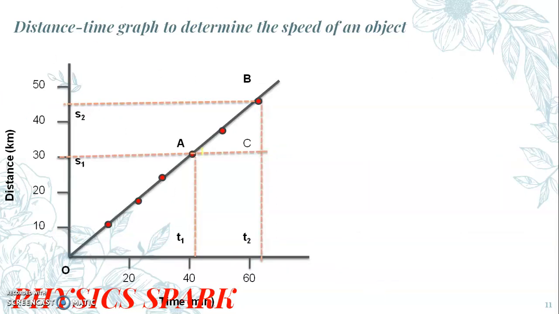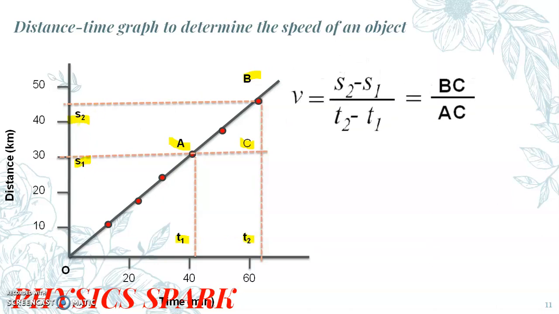This is the graph. Here this is your point A, this is point B, this is point C. ABC forms the triangle. This is point S2, point S1, T1 and T2. Now we know velocity is equal to S2 minus S1 divided by T2 minus T1, and from the graph it is BC divided by AC.